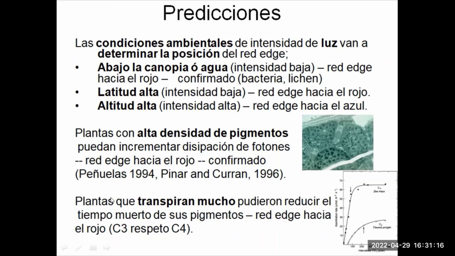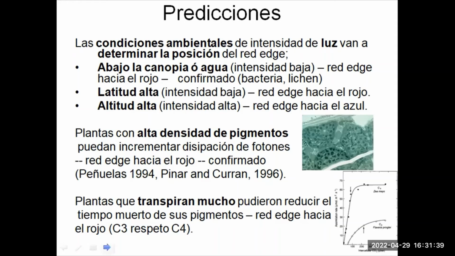We can also have a prediction that plants which transpire a lot can reduce their dead time. If there's a lot of transpiration, you're taking energy away rapidly from the leaf, the energy of the photons, so they're de-exciting much more rapidly.